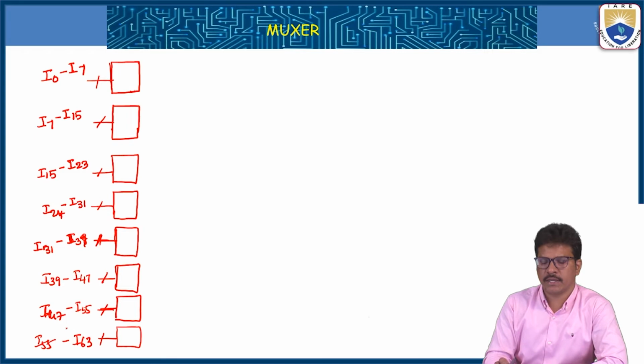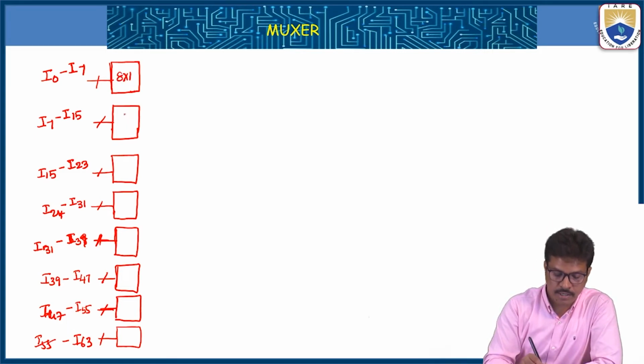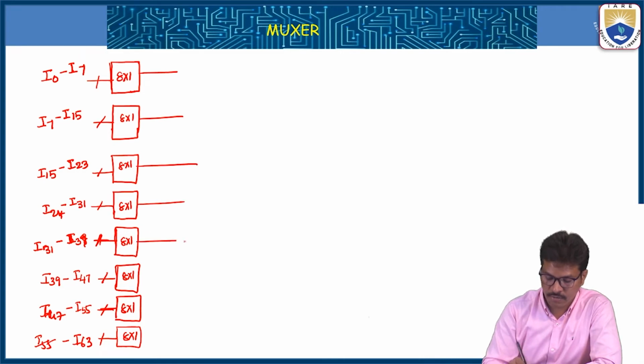So these 8x1 multiplexers in the first stage are connected to an 8x1 multiplexer in the second stage. It has two stages.